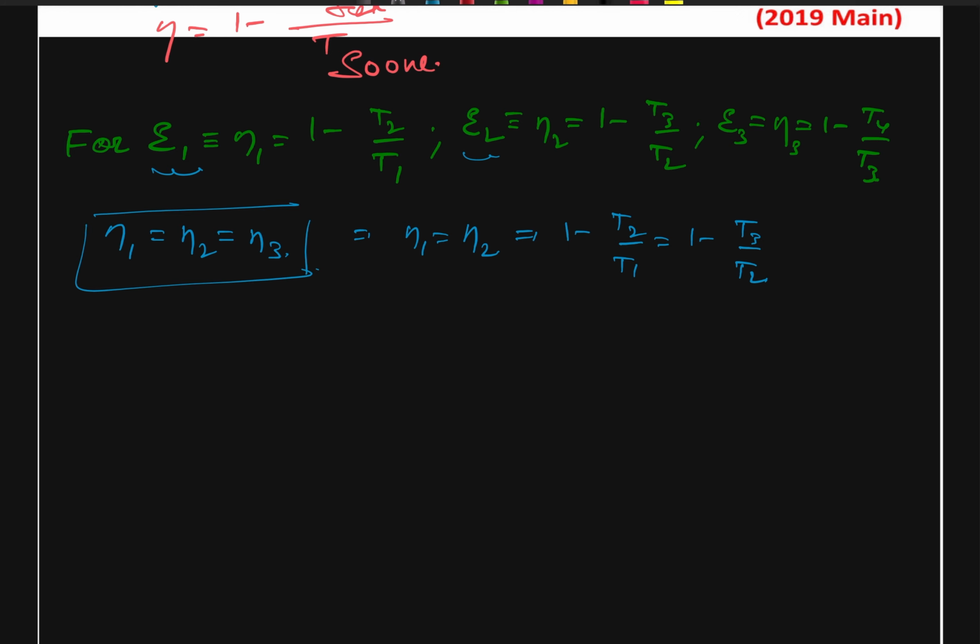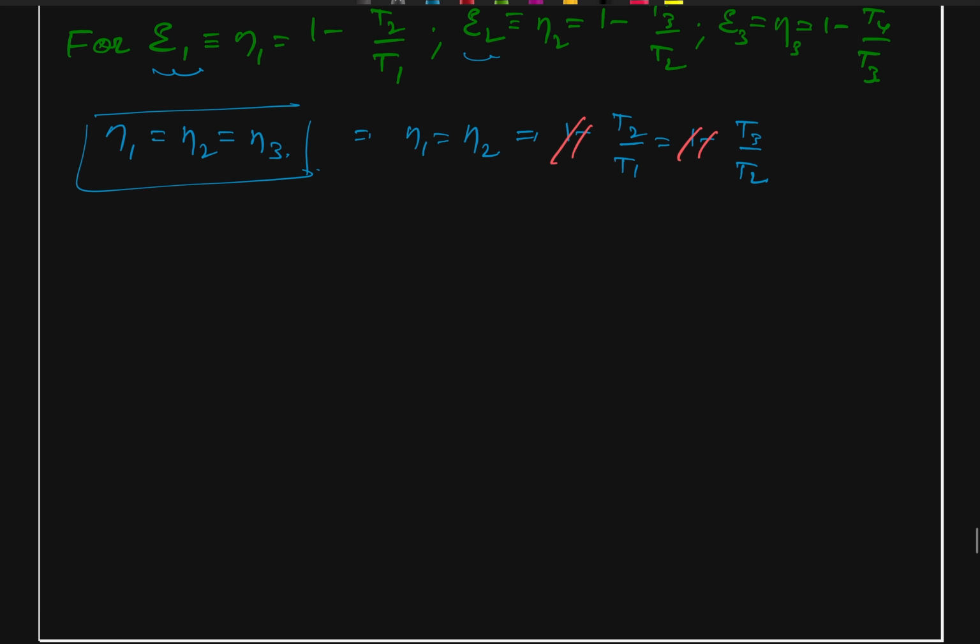Here the 1 and minus go away, so T2 upon T1 is equal to T3 upon T2, and therefore T2 square is equal to T1 times T3.